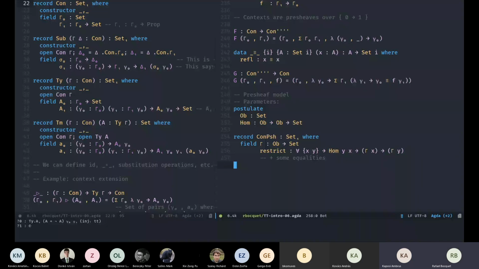And there's also canonicity that can be done either before or after pre-sheaves. But you've already started talking a bit about pre-sheaf models, so we can do it. I am doing it next week, right? Yes.